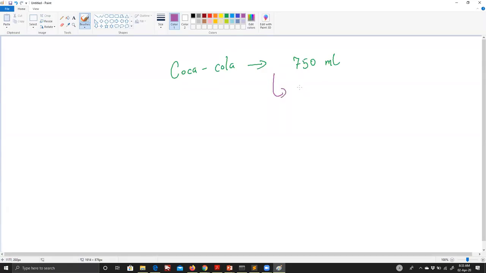One day I get a bottle, I open it up, and I get a bit creative and try to measure it properly, and I get only 739 ml. So can I sue Coca-Cola for giving me less quantity? No. Okay, yeah, we'll come to it, don't worry.